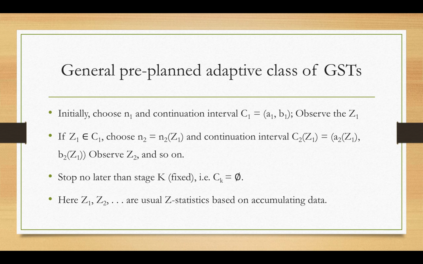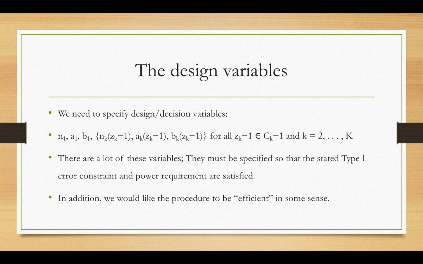Here in the above formula, Z1, Z2 are the usual Z statistics based on accumulating data. But we need to specify design and decision variables. So we choose the N1, the boundaries, all of them, and the fixed K has to be specified in order for your design to stop at some point in time.